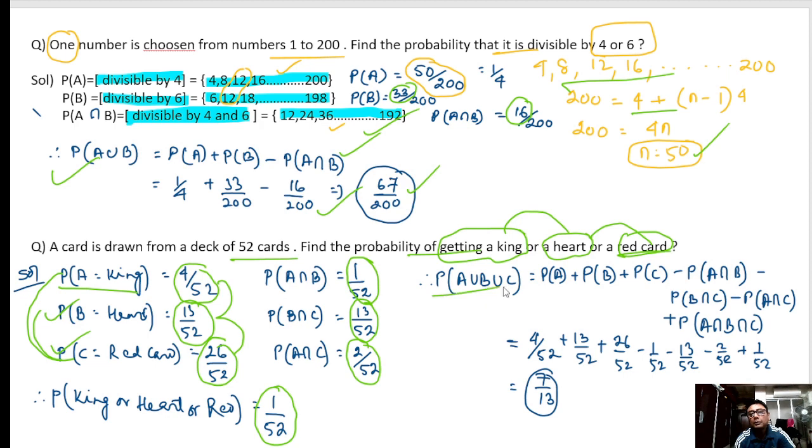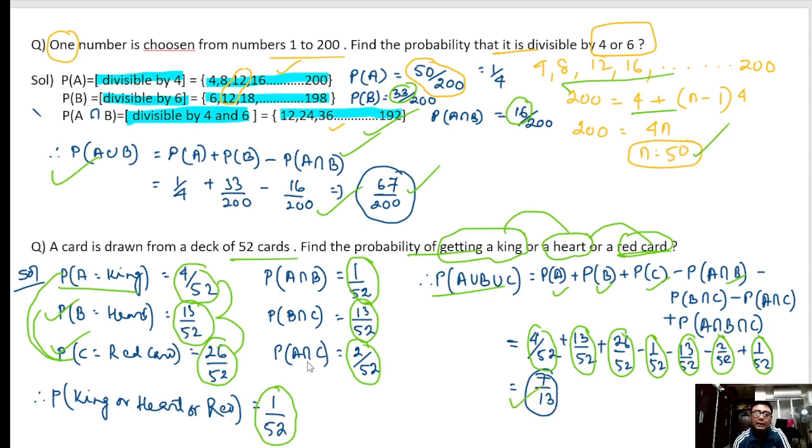So using this formula, P(A) plus P(B) plus P(C) minus P(A intersection B), minus P(B intersection C), minus P(A intersection C), plus P(A intersection B intersection C). Putting in the values, we are getting 7 by 13.